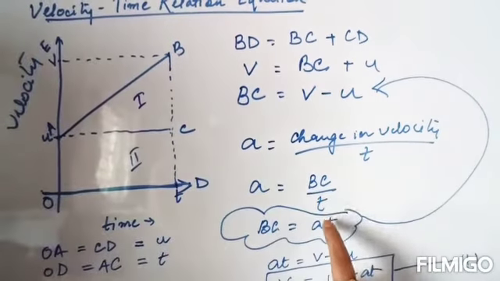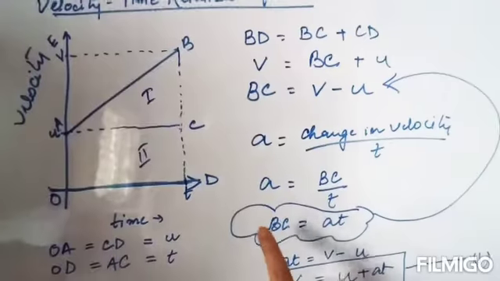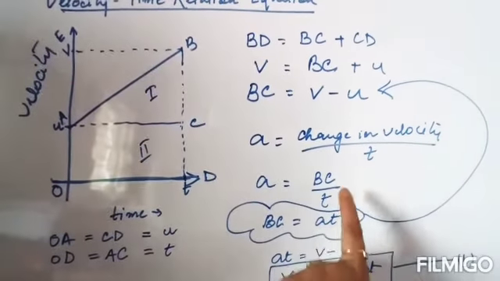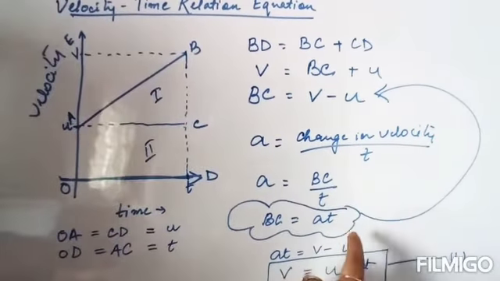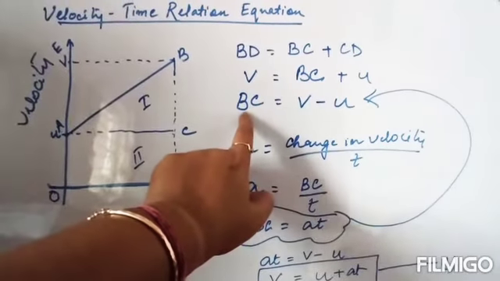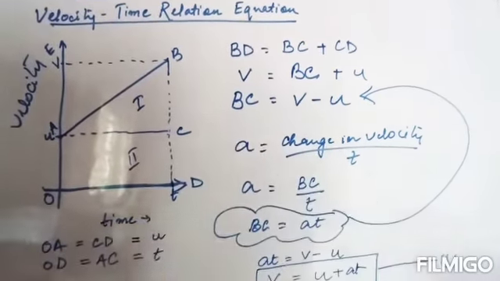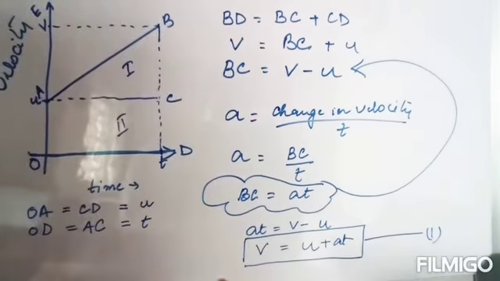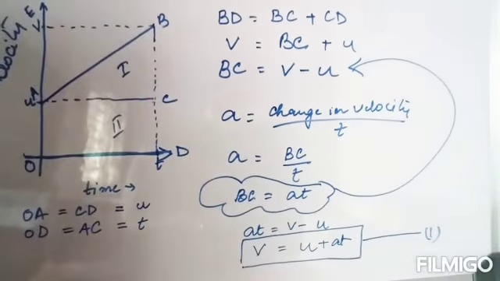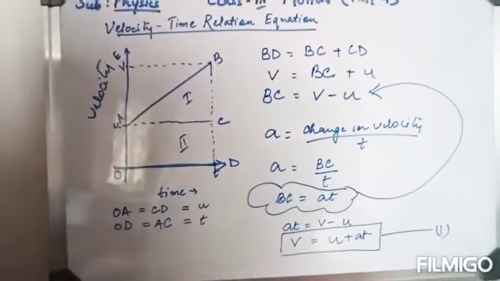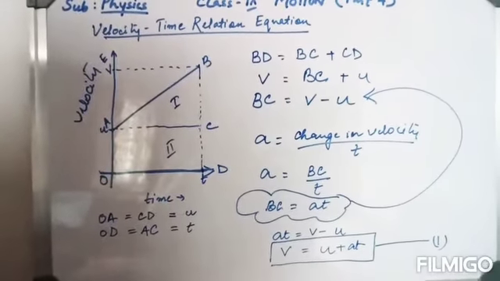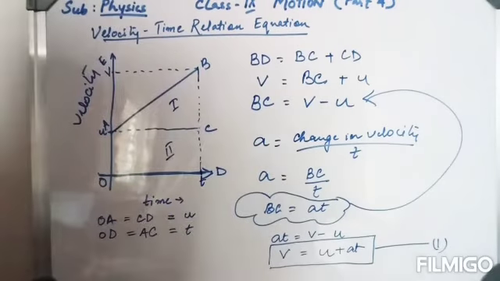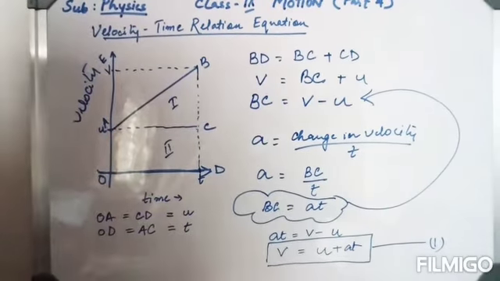So BC by T is equal to A. From there we can say BC is equal to AT, and we substitute this back into the equation we got, and hence we get AT is equal to V minus U, and V is equal to U plus AT. So this is our first equation of motion from the velocity time relation.